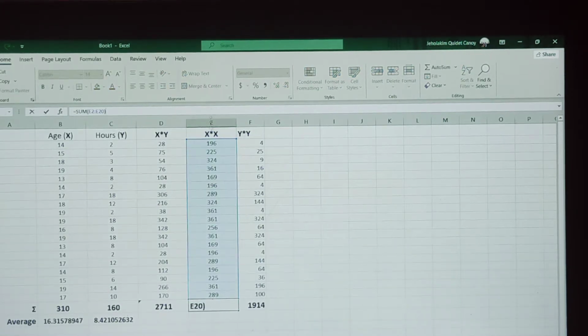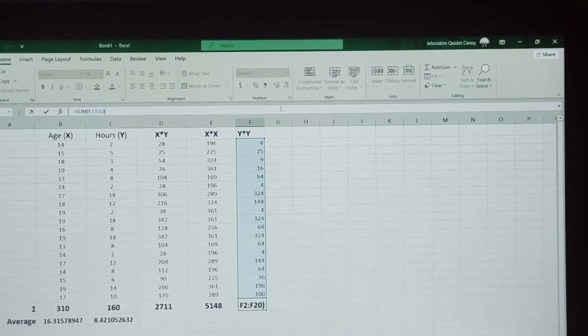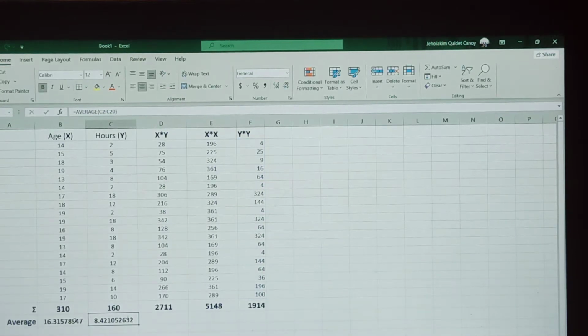Summation of x squared, summation of y squared, and even the average of x and y. We also computed it conveniently with the use of Excel.